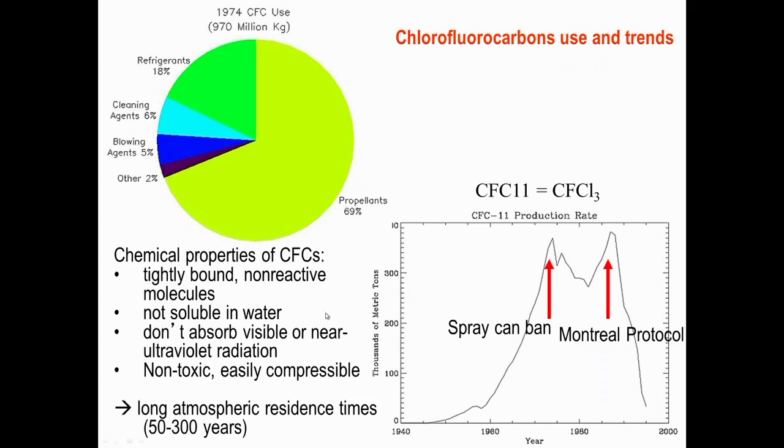Their residence time in the atmosphere outside the stratosphere is between 50 and 300 years. So this tells you that they're mixed right around the globe really easily. How long does it take to mix something into the troposphere? What sort of lifetime would you need in order for something to be mixed well around the globe?